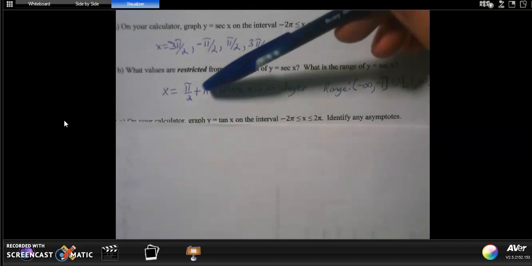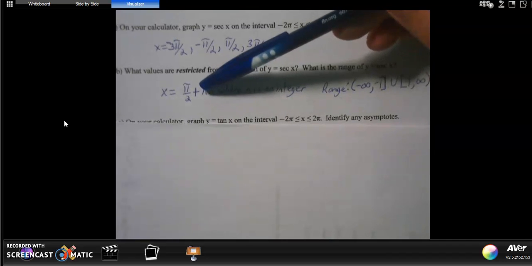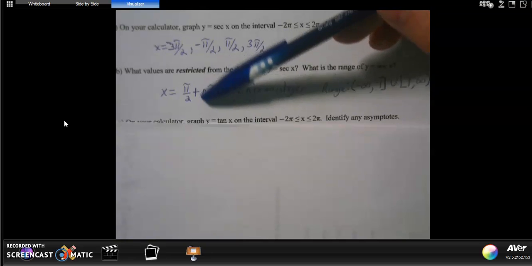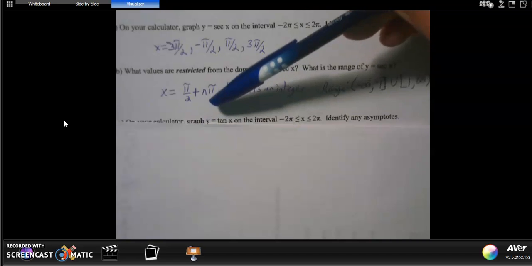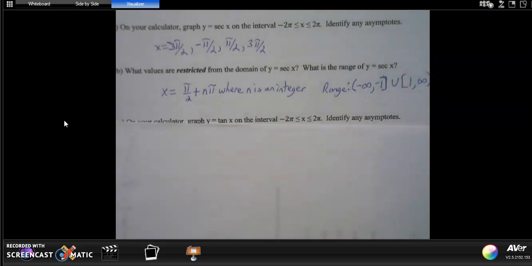And I do want to point out that a lot of times, instead of just plus n pi, you'll see plus or minus n times pi. Same idea. Okay, and then the range is the same as the cosecant function, negative infinity to negative 1, and then union 1 to infinity.